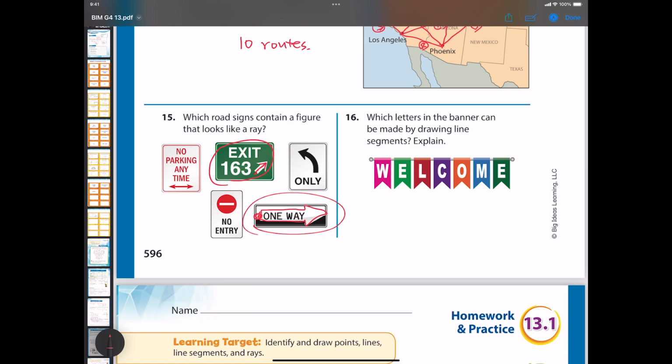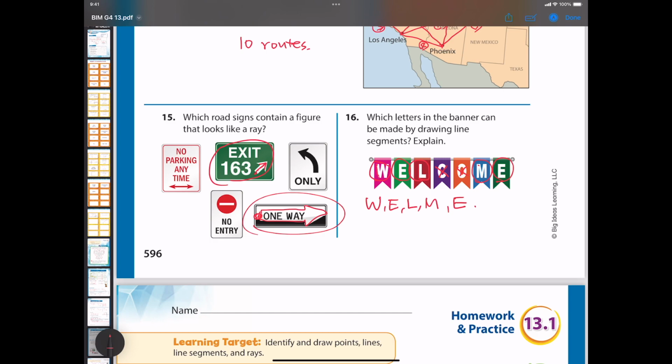Now number 16, which letters in the banner can be made by drawing line segments? Explain. All right, a line segment is what? You need to have 2 ending points. So here, 1, 2, right? This is the line segment. So this 1, 2, 3, this is curved. You can't use the curving ones. This one, this one. So we can use what? W, E, L, M, and E. Oh, E again, so that's the same thing.